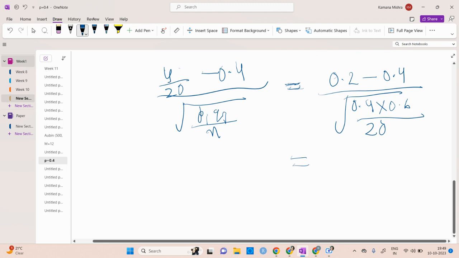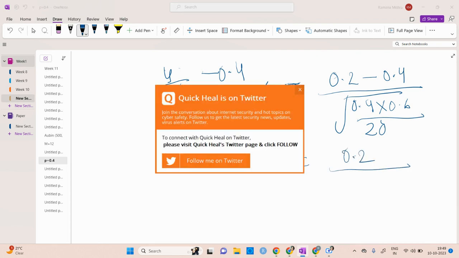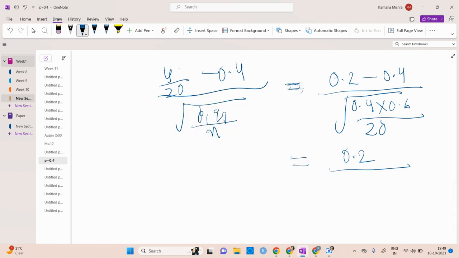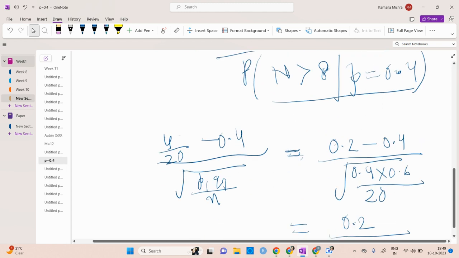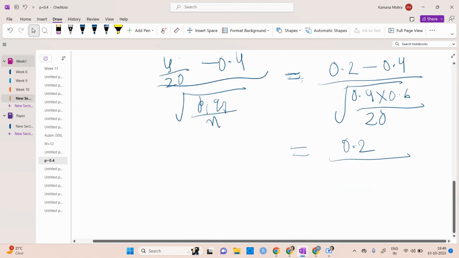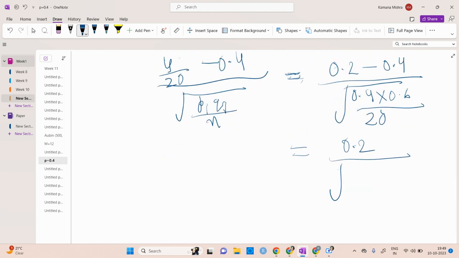So it will be 0.2 divided by, I'm writing this for the left one, right? When it is less than 4. So this one will be 0.2 divided by the square root of 6 by 500.